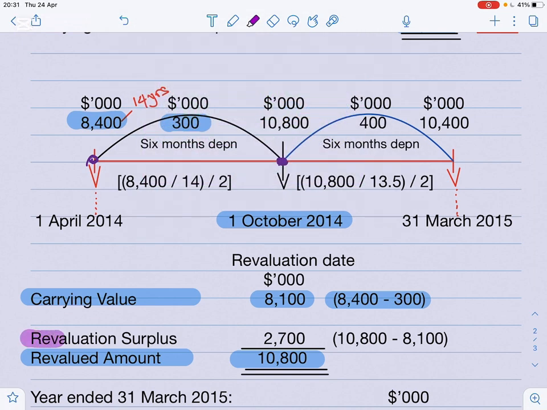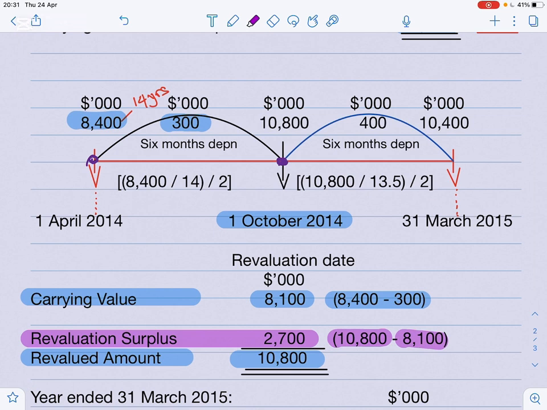So we have a revaluation surplus of 2.7 here. How did we arrive at that? Well, the current value is 8.1, market value is 10.8. So if you find the difference, you have 2.7. That could be your question. The examiner could ask you to determine the revaluation surplus as at the date of revaluation exercise, and the answer to that would be $2.7 million.